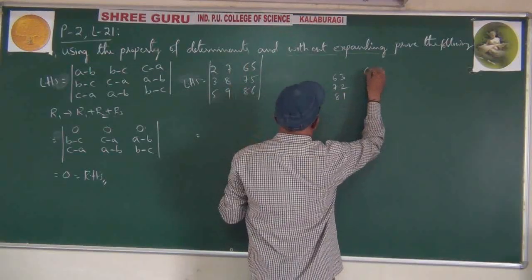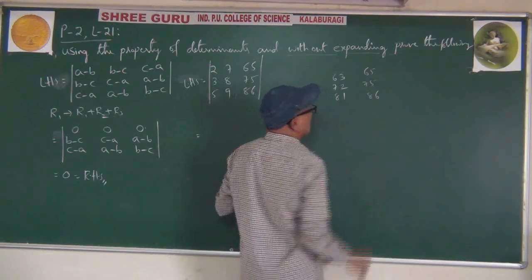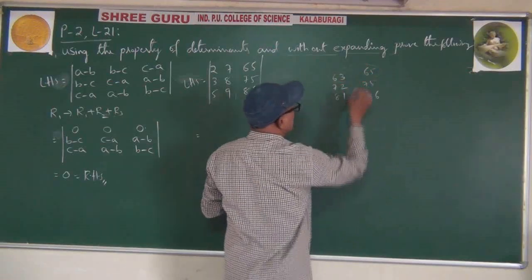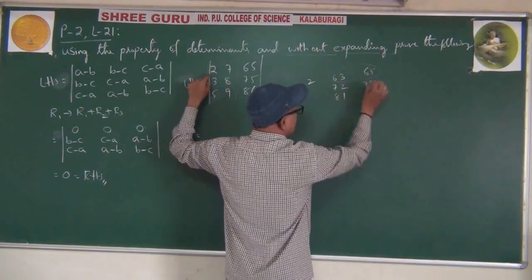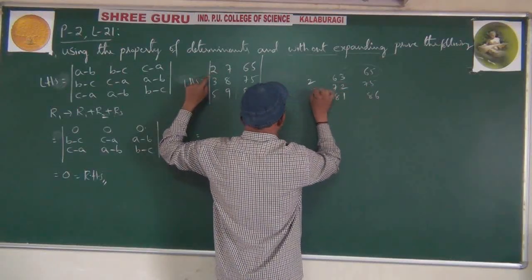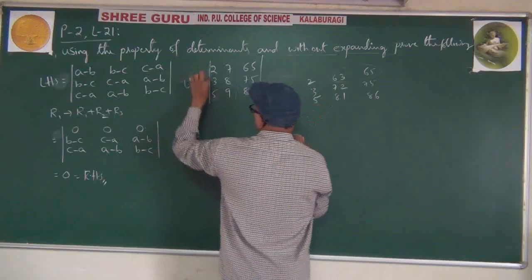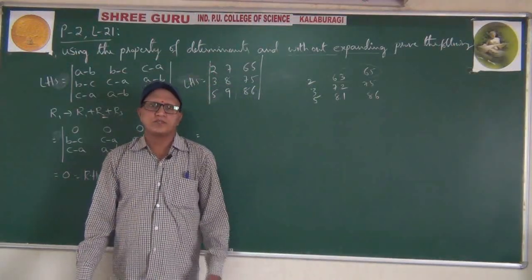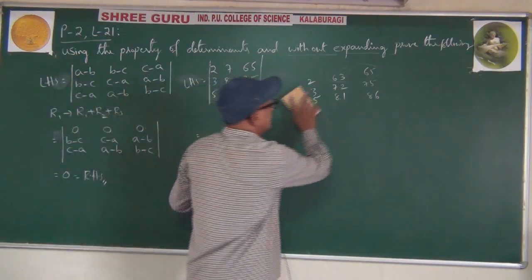This is 65, 75, 86. Almost very close. How much difference is there between these two? 65 minus 63, 2. 75 minus 72, 3. 86 minus 81, 5. It is here. Comparison. Right?